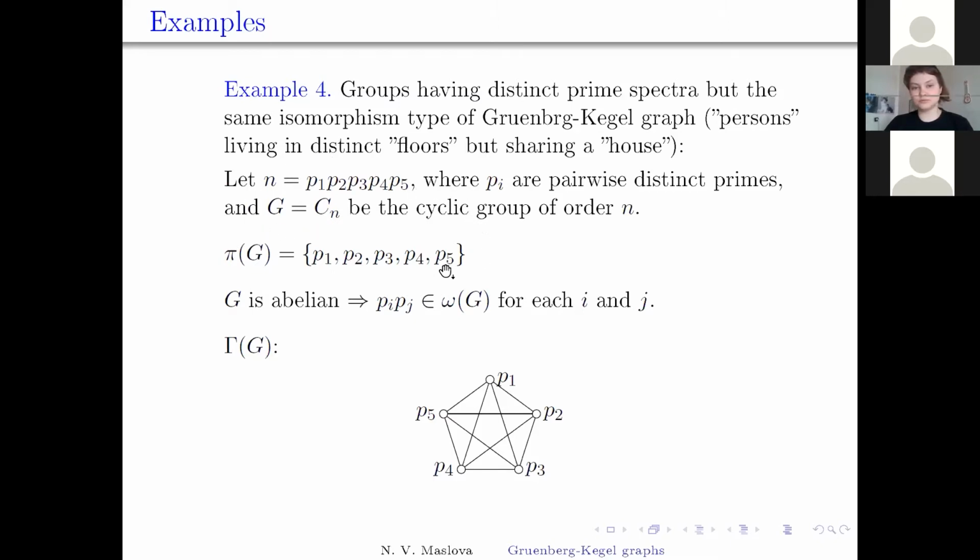Its prime spectrum is, of course, these 5 pairwise distinct primes, and since this group is abelian, by the properties of Gruenberg-Kegel graphs, each 2 vertices are adjacent, so this group gives a 5-clique. So you can take any 5 primes and you will have the graph of this shape. So you can see here persons living on distinct floors but sharing a house.